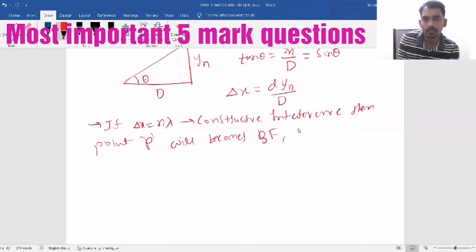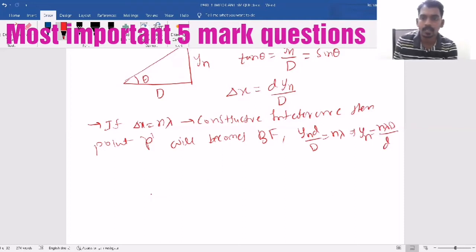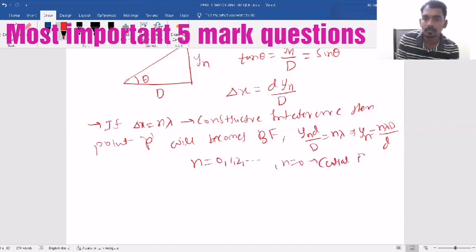So that yn d by capital D equals n lambda, which implies yn equals n lambda D by d. This is the distance of the nth bright fringe, where n equals 0, 1, 2, 3, and so on. n equals 0 corresponds to the central bright fringe.